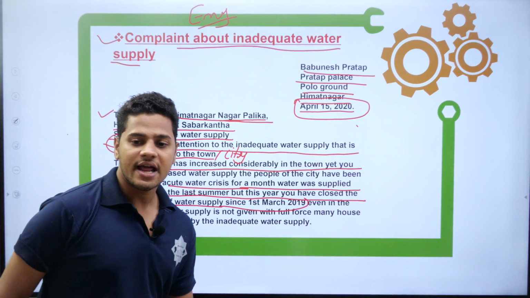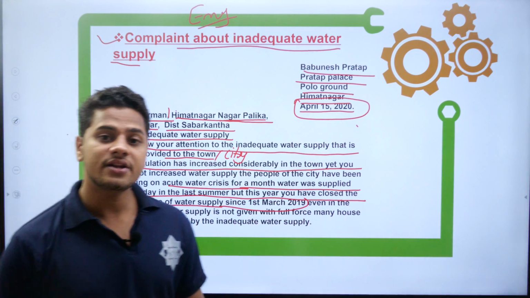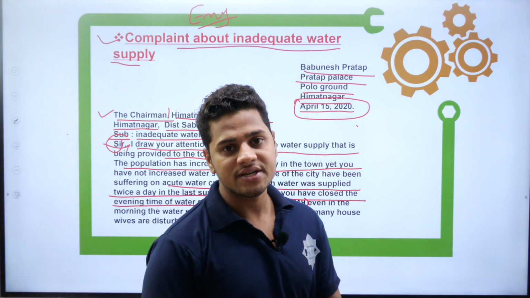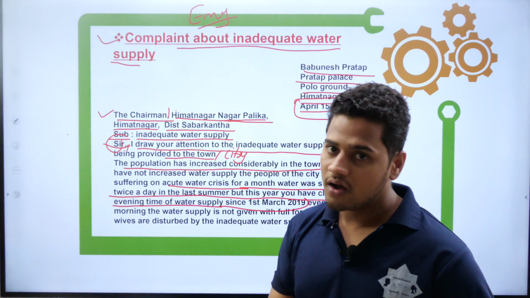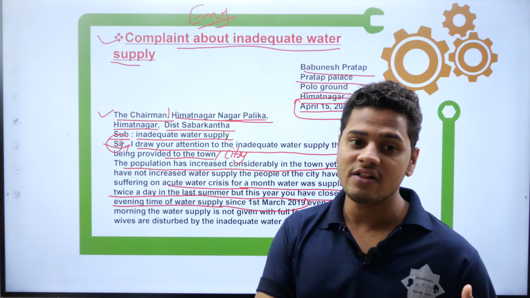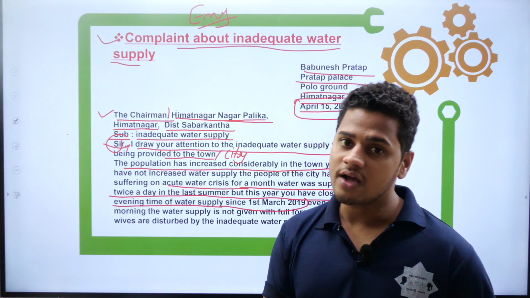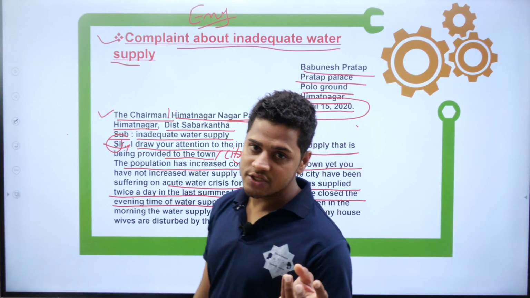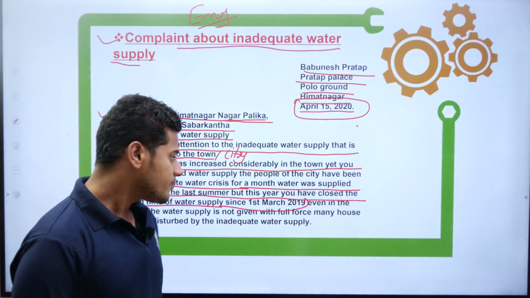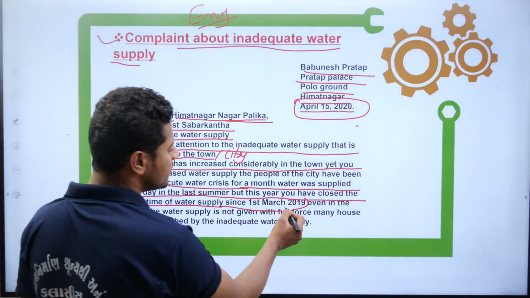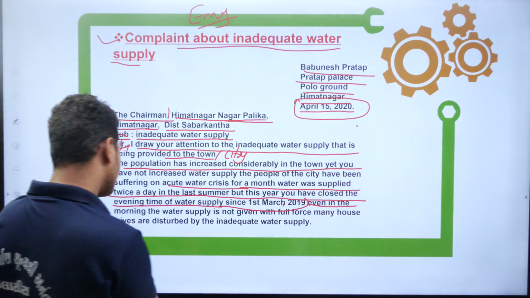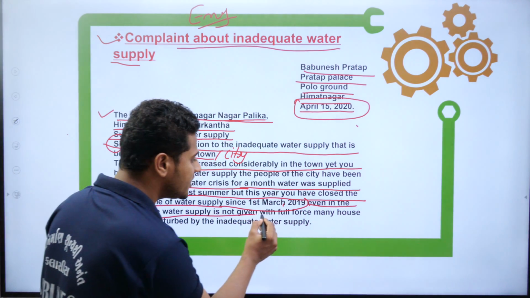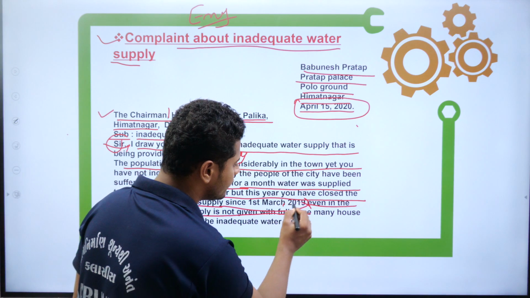Here the original details we have to inform the person, so he could go through the data, find it, and later come to know about the issue. He will sort out what the actual ground-based issues are. So we have written it with the date also. "Even in the morning the water supply is not given with full force."